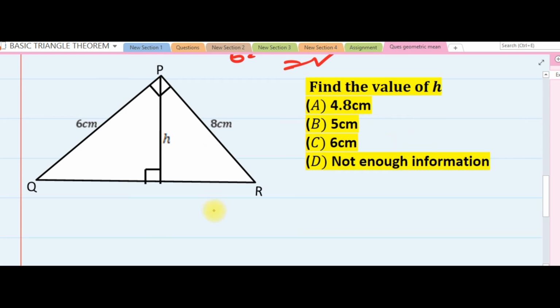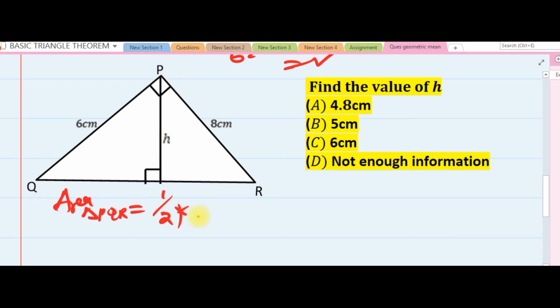So the next question, we are asked to find the value of h. I think the best way to solve this is using the area of a right triangle. The area of PQR is always half base times height, taking h as the height.